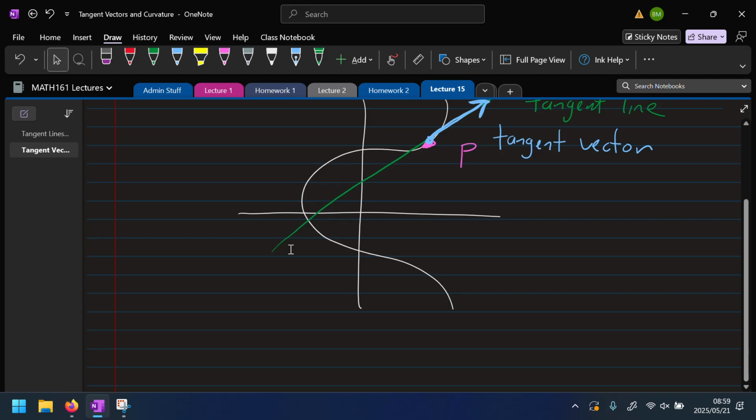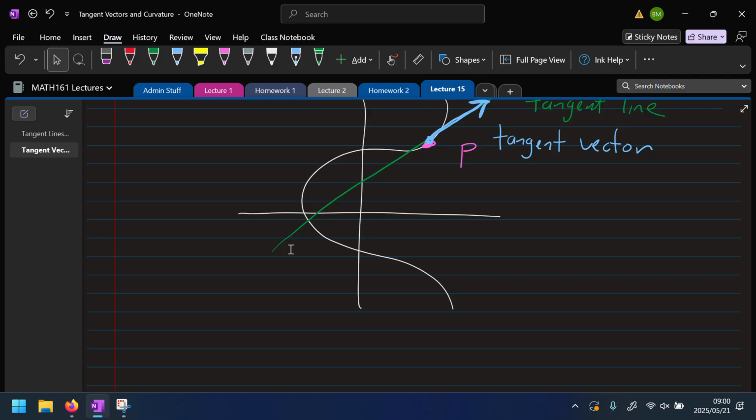Okay, so we're not going to be looking at this in terms of tangent vectors and so on. We're going to look at it more in terms of the physics side. So on the physics side, the parametric curve is like the position of a particle, and the tangent vector will be the velocity vector of the particle.